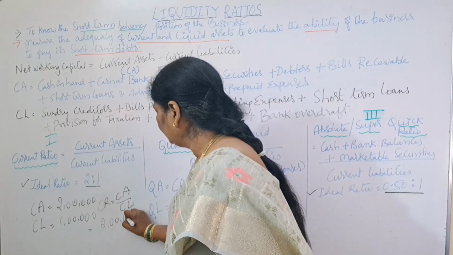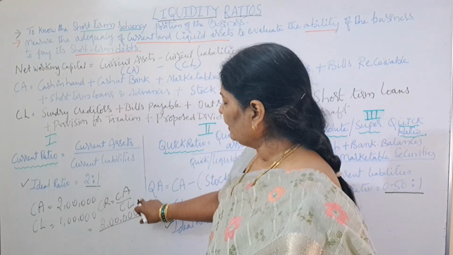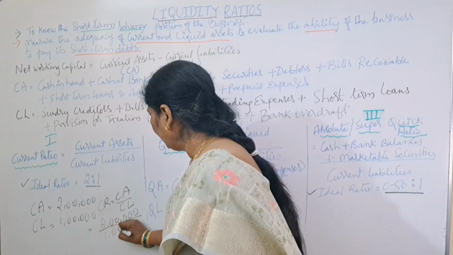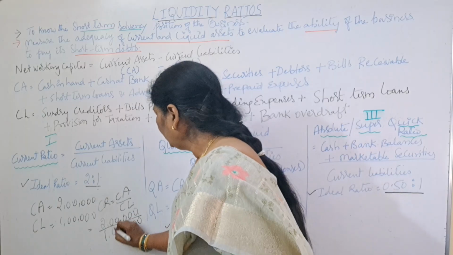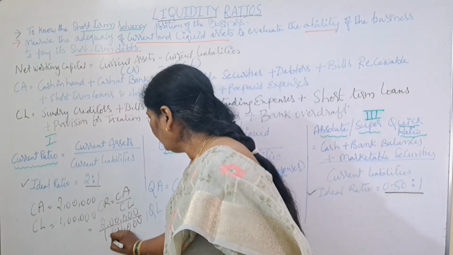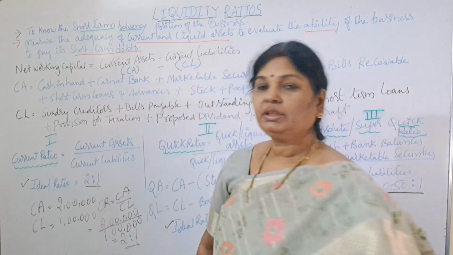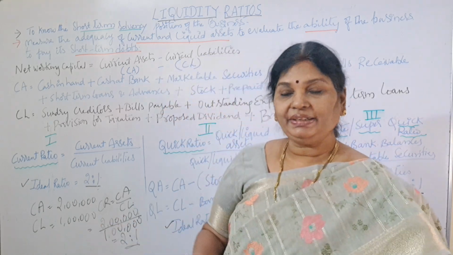So 2 lakhs divided by, and what is our current liabilities value given? 1 lakh. So 2 lakhs divided by 1 lakh. So it is how much? 2 is to 1, right? So like that we have to calculate our current ratio.